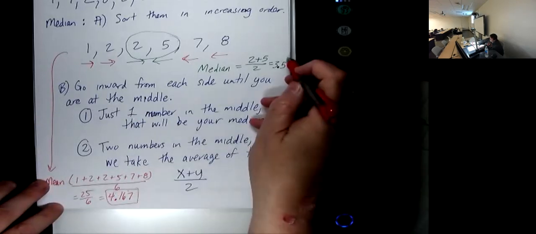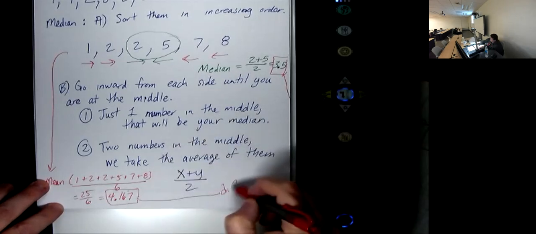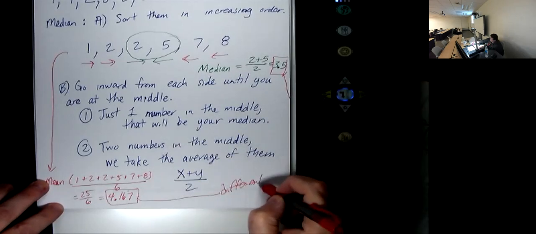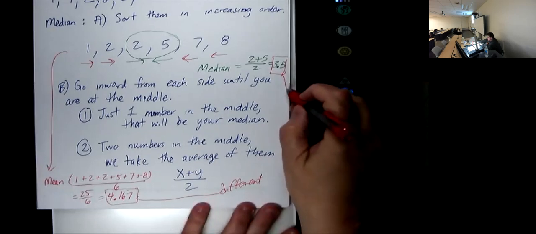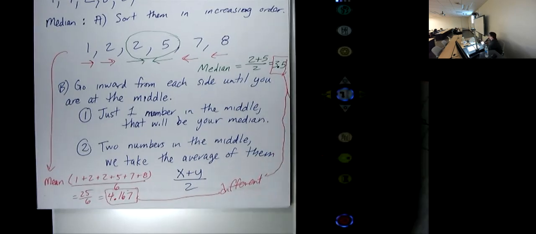Notice that the mean and the median are different. This is usually the case. They're usually not spot on, but they're usually pretty close.